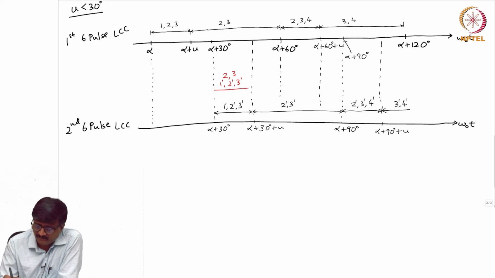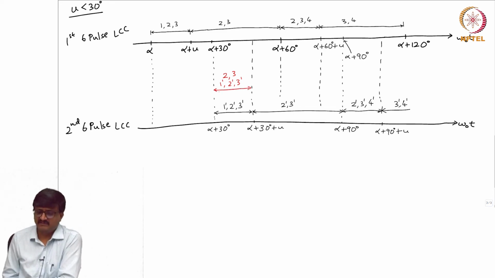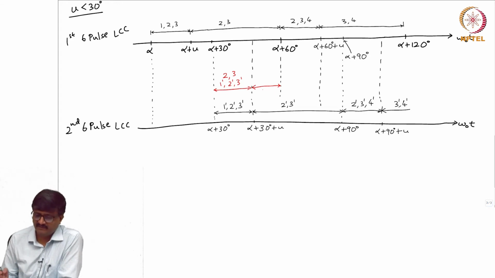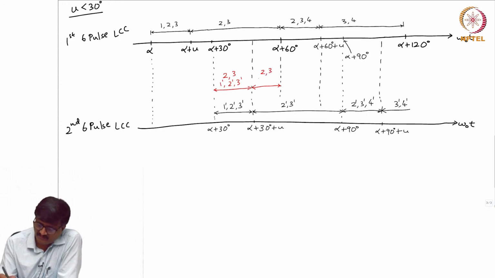Then if you take alpha plus 30 plus u to alpha plus 60, it is 2, 3, 2 prime, 3 prime.